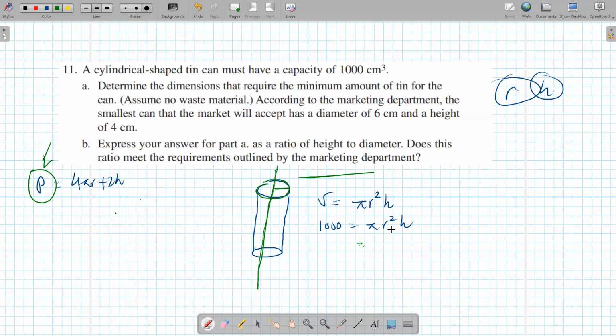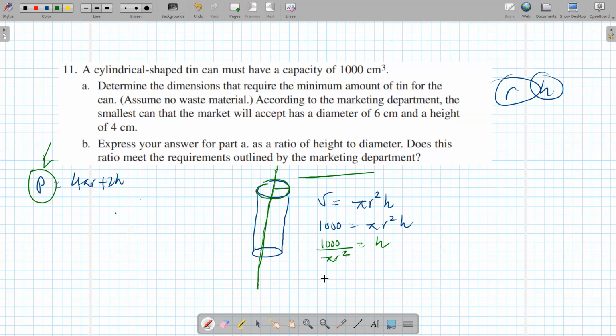So let's solve for h here. What do we get if we want to isolate the h on the right side? It's going to be 1,000 over pi r squared.